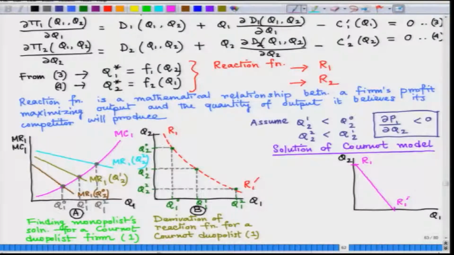right, and let me now superimpose the reaction function of firm 2 on this, and this reaction function for duopolist 2 will be a flatter line. It will have a different slope and different intercept.